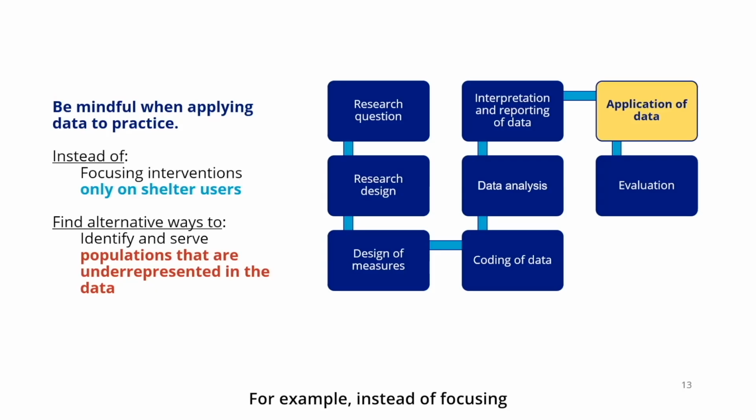For example, instead of focusing interventions on shelter use alone, because that is what the data we had covered, we may want to seek alternative ways to identify and serve populations that were underrepresented in the data, as we learned from the data chats. Think about Jessie in Module 3. Jessie may not appear in shelter use data, but we may want to remember that she still needs housing assistance, and therefore we should find alternative ways to serve her and others like her.